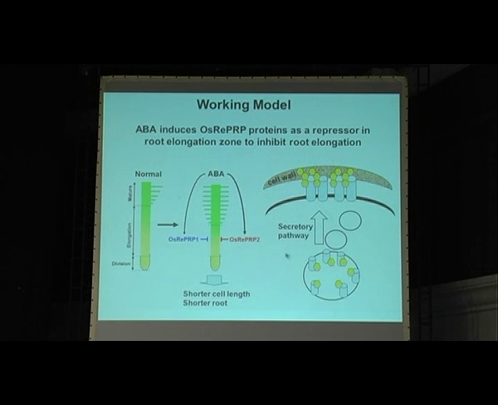And this protein is localized on the plasma membrane primarily. So what we believe is this protein, localized on the plasma membrane, interacts with a very important component of the cell wall hemicellulose that is responsible for cell expansion. So the consequence is the cell wall cannot be expanded and cell elongation cannot take place. So that's the working model.